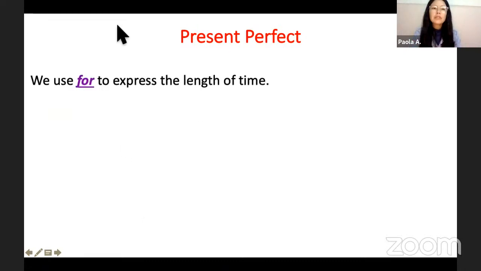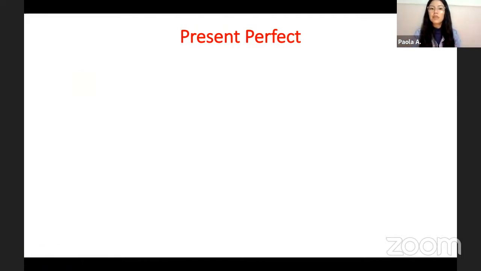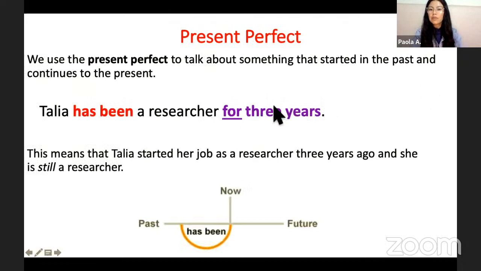Then present perfect. Okay, so the use of for is usually the same most of the time. In this case, for is going to express the length of time. Length of time means the period of time, how long. In the previous example, what's the period of time or the length of time, Adrian, in this example?